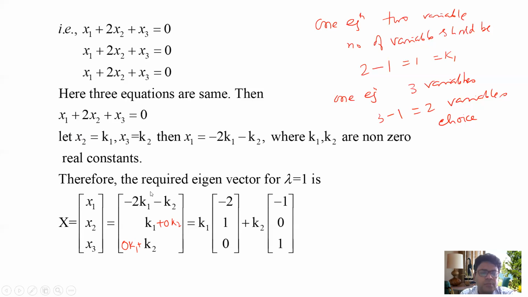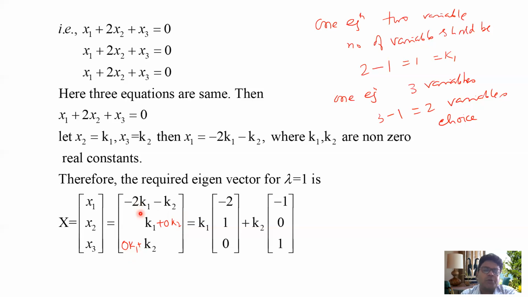But 0 times something means no effect. In this line, what is missing? k2 is missing, so I'm writing 0 times k2. In the third row, what is missing? k1 is missing, so I'm adding 0 times k1. Try to understand, very easy.